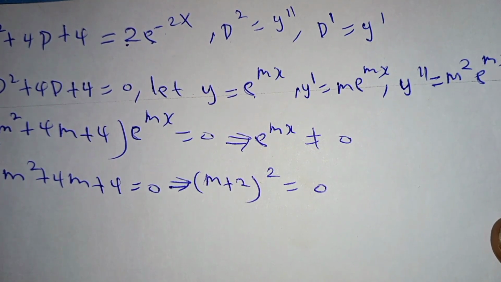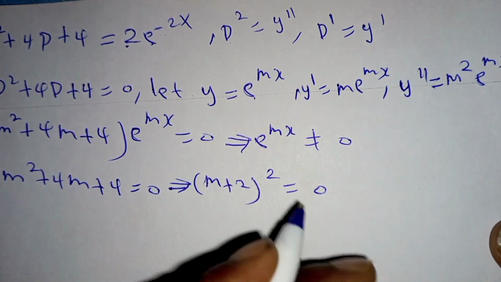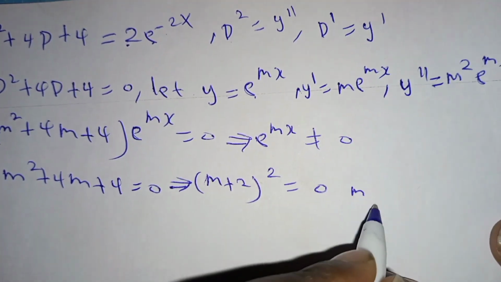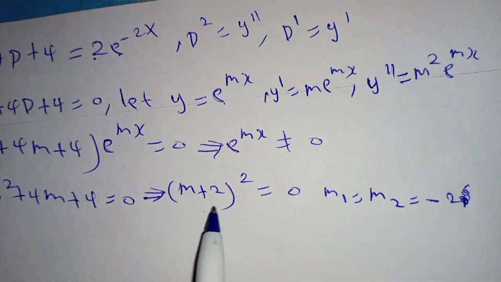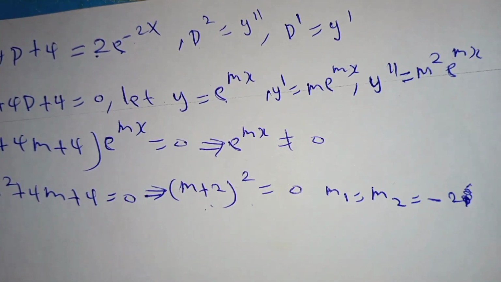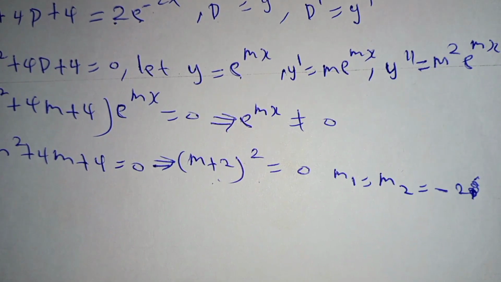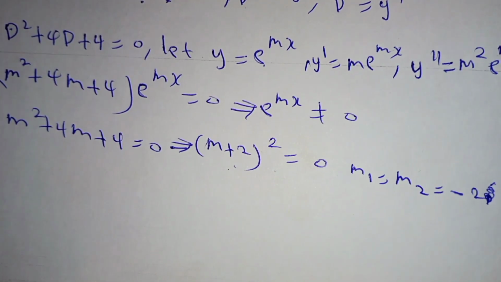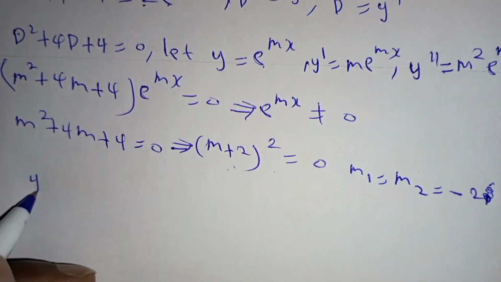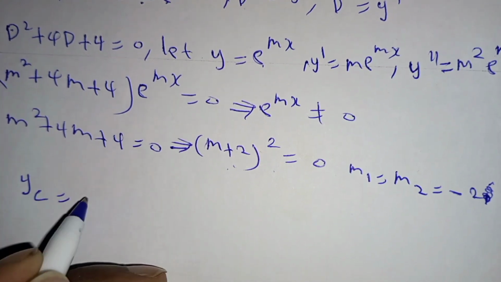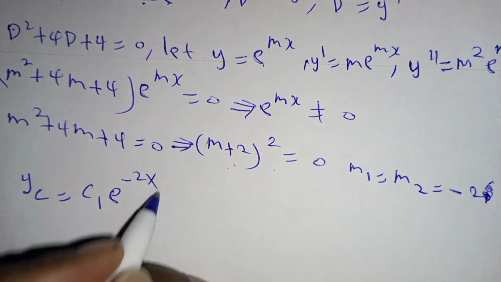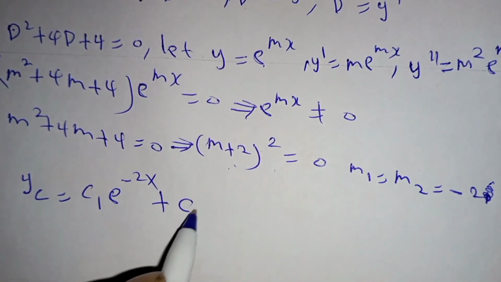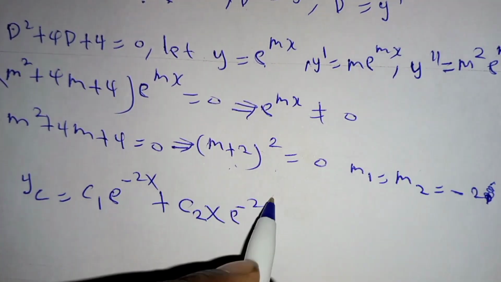Now when you solve this, you find that m1 is equal to m2, which is equal to negative 2. So it is a repeated root. The solution of our complementary part, yc, will be given by c1 exponential negative 2x plus c2 x exponential negative 2x.